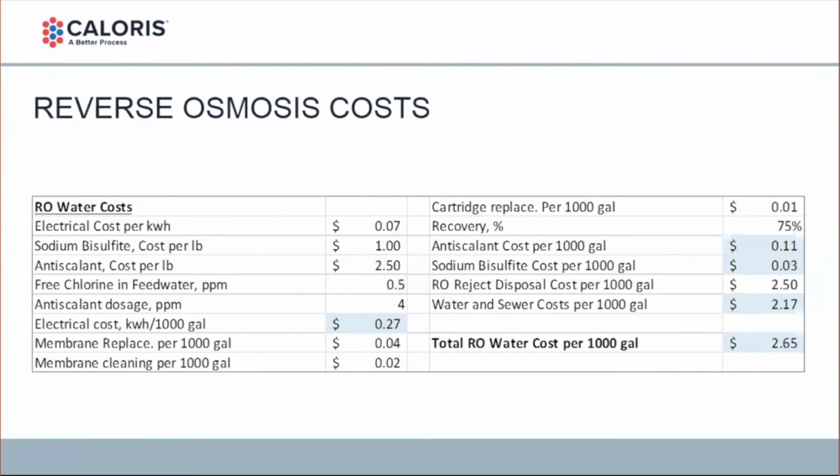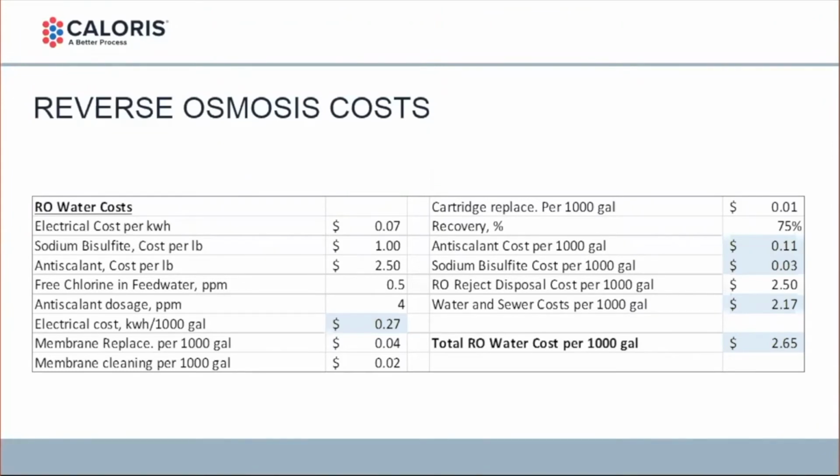Now the reverse osmosis costs. One of the big ones is going to be electrical costs. I'm using 7 cents per kilowatt hour, and I'm also going to use some sodium bisulfite as the antioxidant to remove the chlorine. That's $1 per pound.